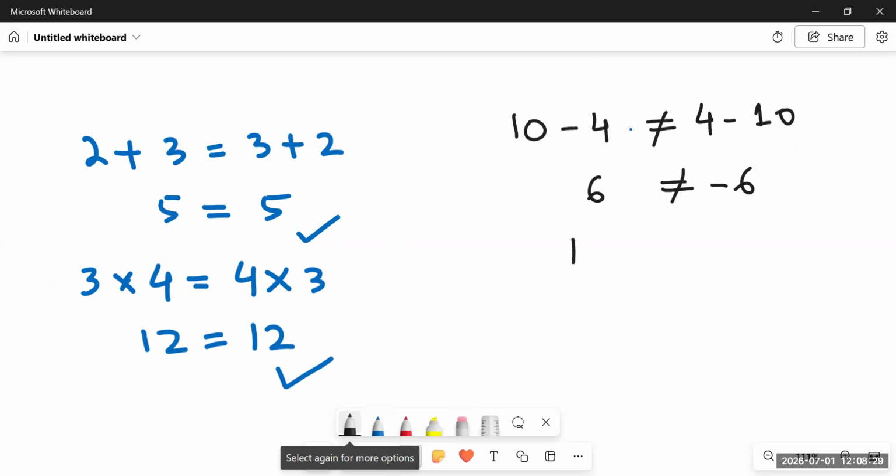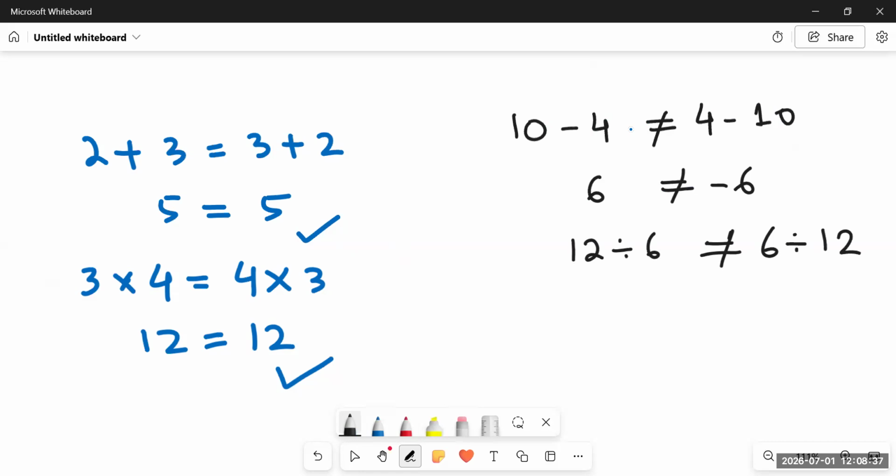Same, 12 divided by 6 is not equal to 6 divided by 12. Why? Because 12 divided by 6 is 12 upon 6, which when simplified gives us 2 whole. Whereas 6 divided by 12, when written as 6 upon 12, becomes, 6 ones are 6, 6 twos are 12, and that's 1 upon 2.